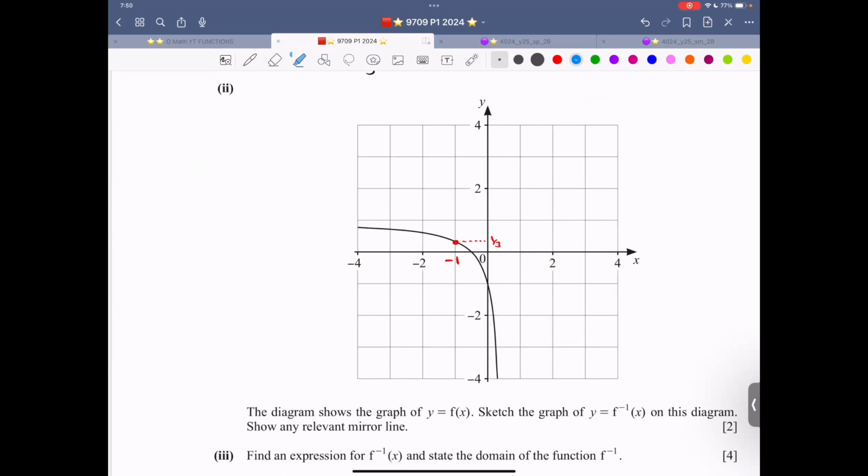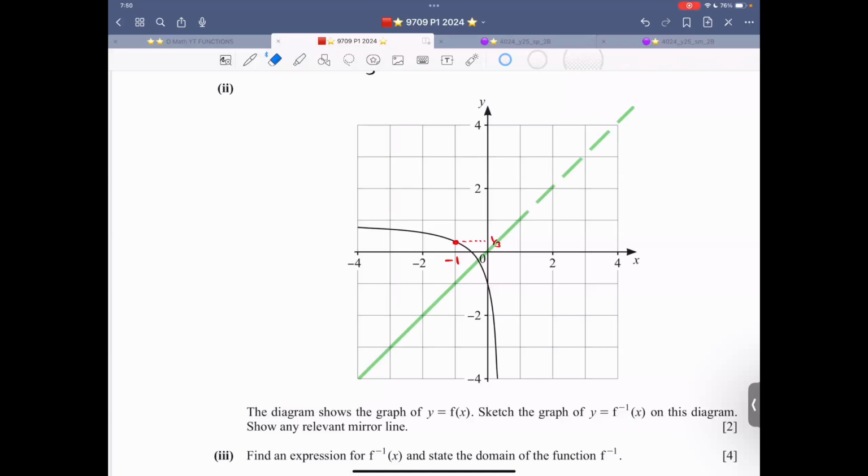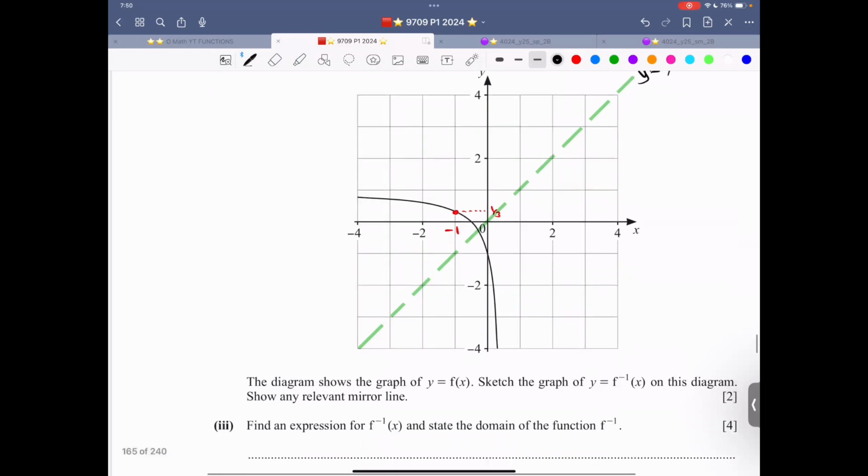That is y equals x, something like this. Green line is better. Okay. And let me use an eraser to cut something in the middle, because you have to show that this line is dotted. So this is the mirror line. That is y equals x.